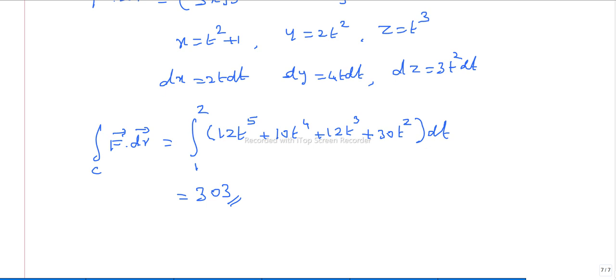So this is an integral along a curve, and we can find it for any curve. Maybe in the next class we will discuss surface integrals. Okay, now I stop.